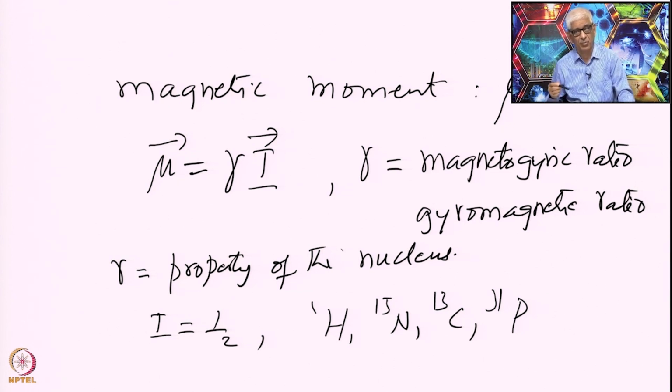So, therefore, the magnetic moment is an important property, an intrinsic property of the nucleus which determines the application of NMR to various systems.